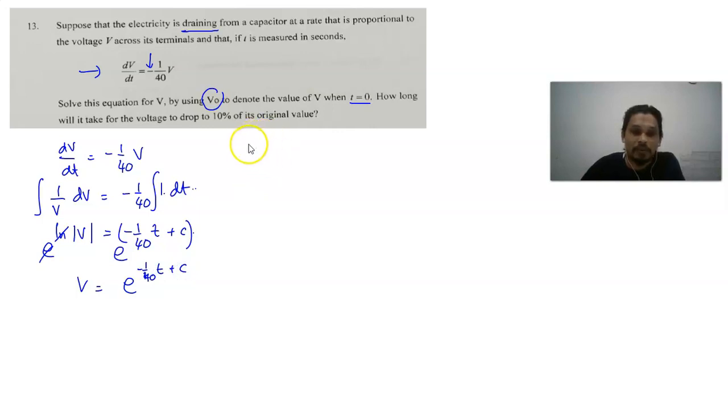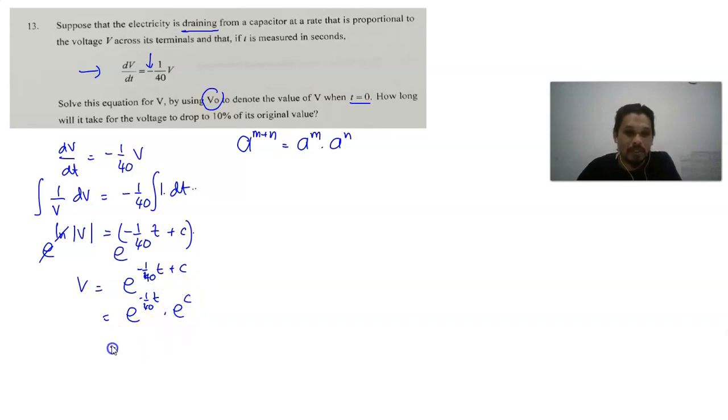Please refresh our lesson from semester 1 chapter 1 on indices: a to the power of m plus n equal to a to the power of m times a to the power of n. Still remember that? Okay, so then let's apply this here, which is e to the power of negative 1 over 40 t multiplied with e to the power of c, and simplify this as A e to the power of negative 1 over 40 t. So let's note something here with A equal to e to the power of c.